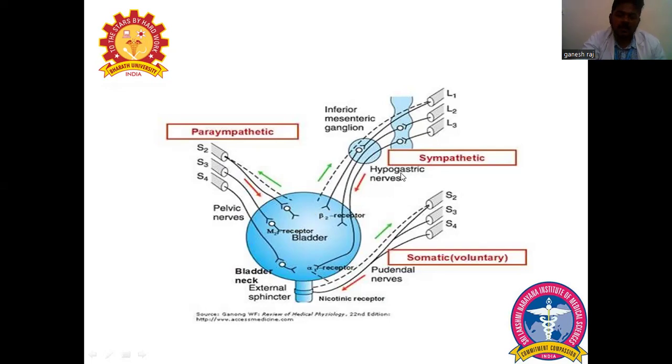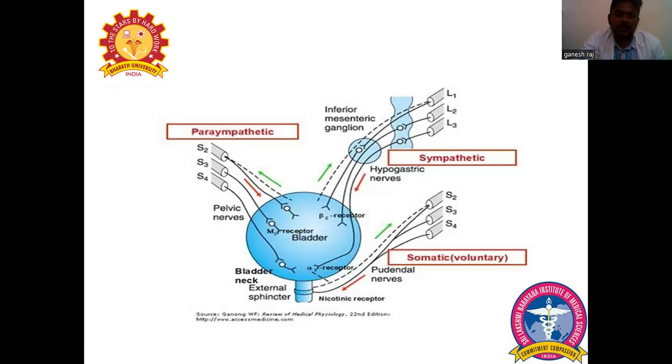So parasympathetic and sympathetic nerves supply the detrusor and internal urethral sphincter, because these are made up of smooth muscle, so they are involuntary. They are involuntary because they are supplied by autonomic nerves, mainly the sympathetic and parasympathetic nerves.